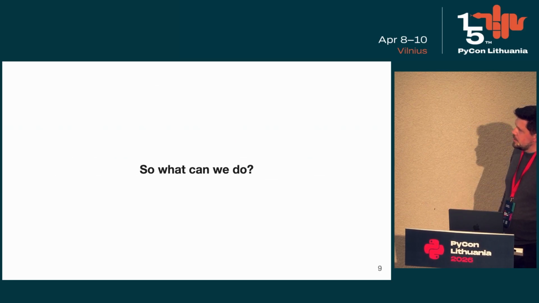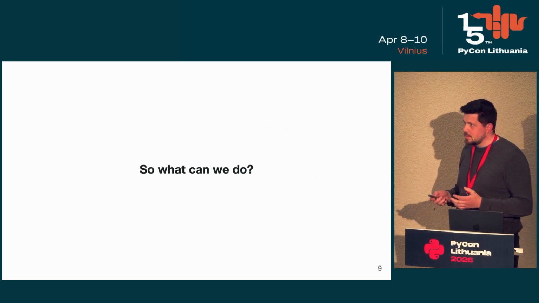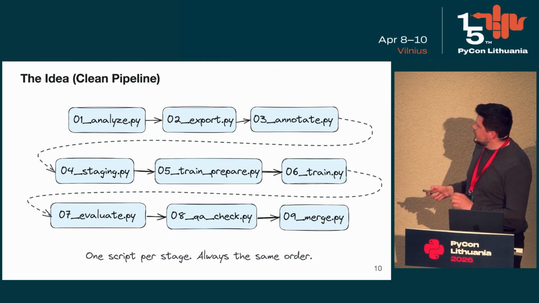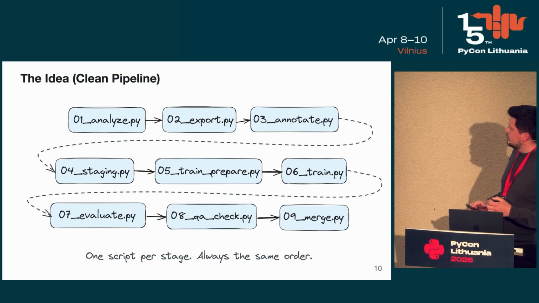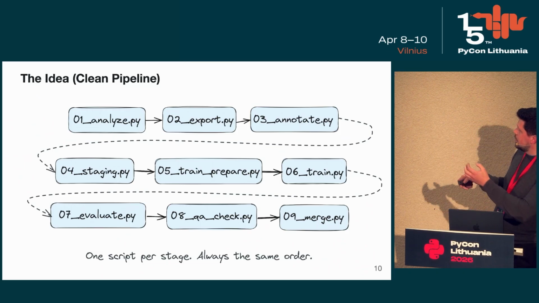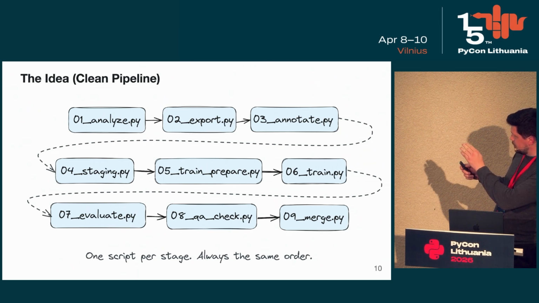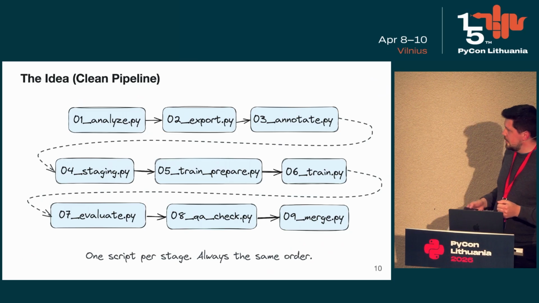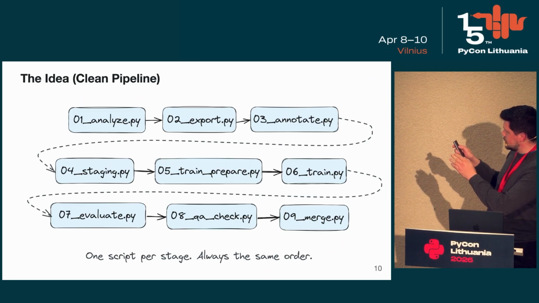Our team decided that we should not just make scripts and give them correct names. We decided that we can create stages, where each stage is a script with a number, and we can exactly know what we do. We start from the first one, then we go to the second one. In the process of work, we know, I was on the 5, then I go to the 6.